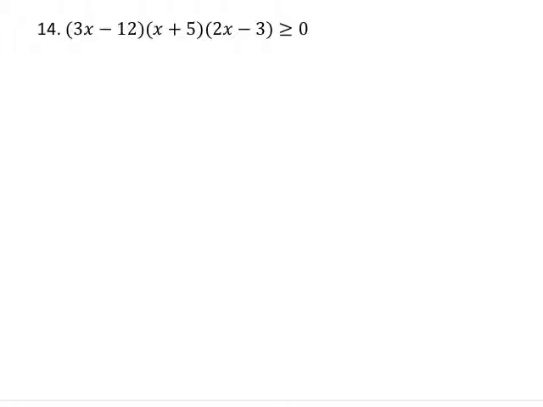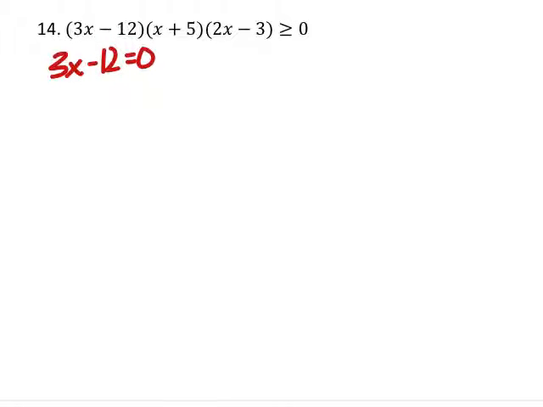Alright, number 14 is going to work the same way, except for finding these values. Again, this is all greater than or equal to 0 right here. So let's go ahead and look at that. We'll find values of x that make this equal to 0. So we'll set each one equal to 0. We got 3x minus 12 equals 0.